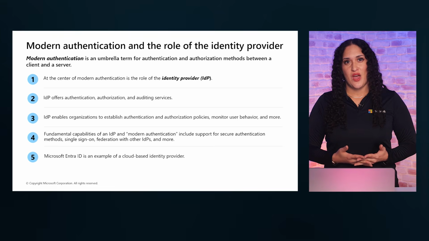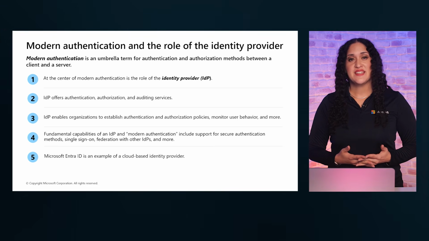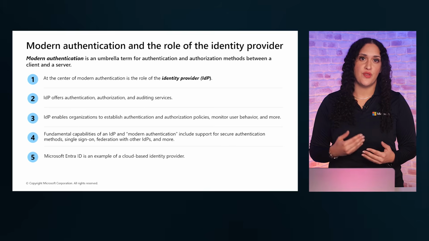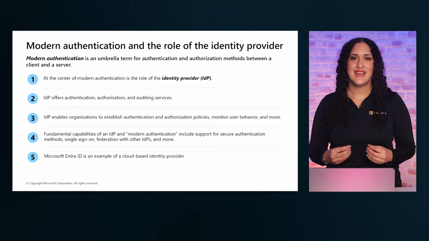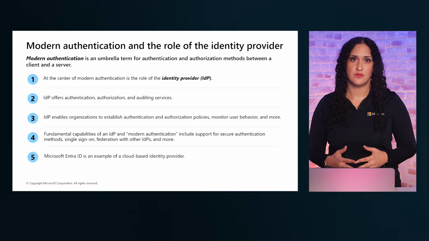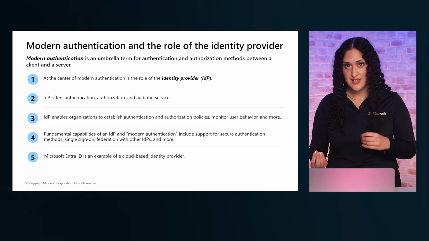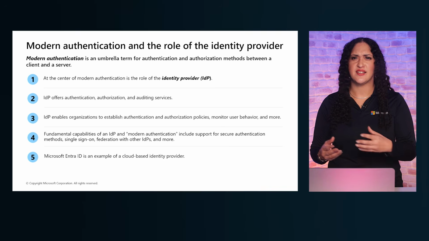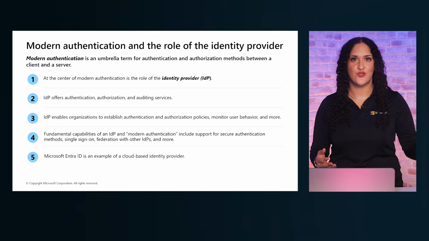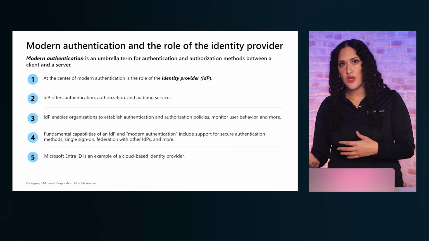Building on identity as the primary security perimeter, the next step is to understand how modern authentication works and why the identity provider plays such a central role. Modern authentication is a set of secure sign-in and access methods used between a client, like a laptop or phone, and a server, such as a cloud application.